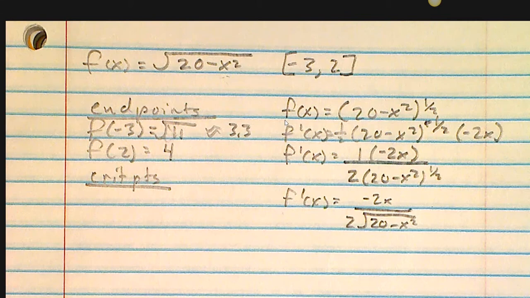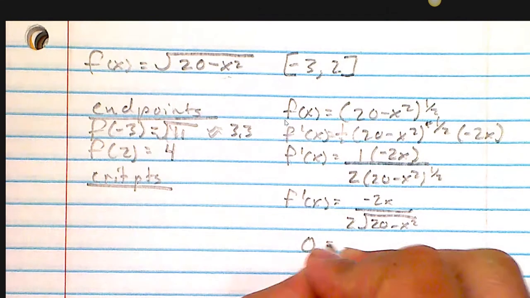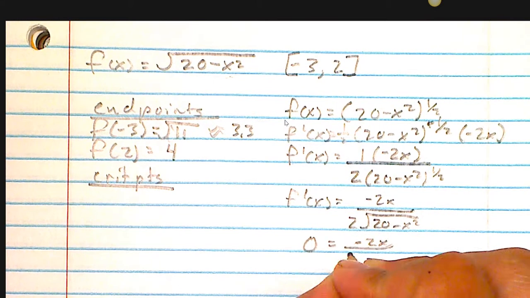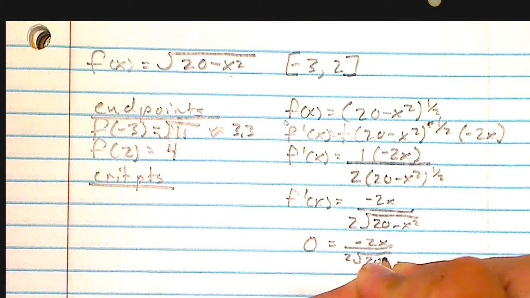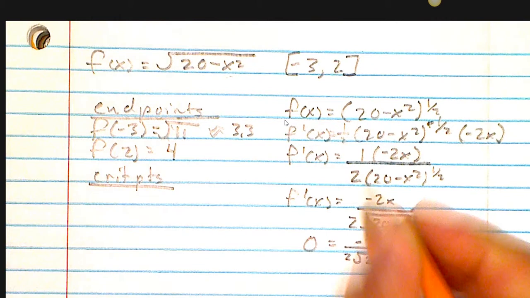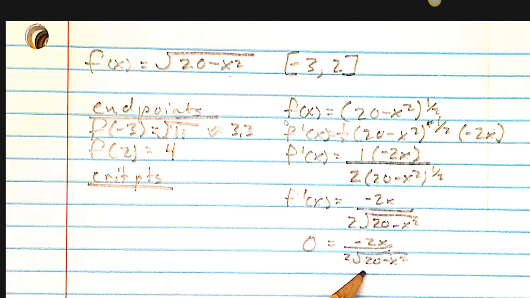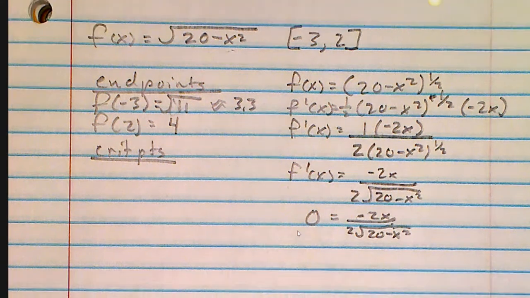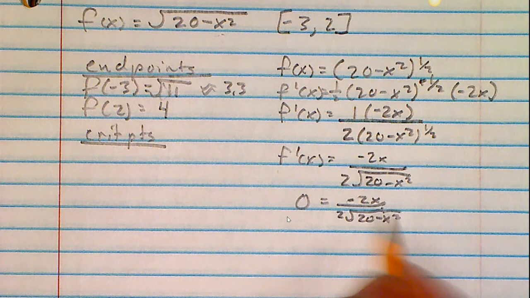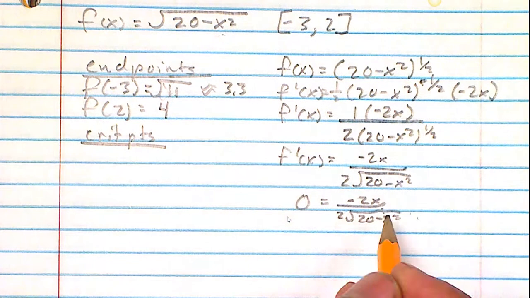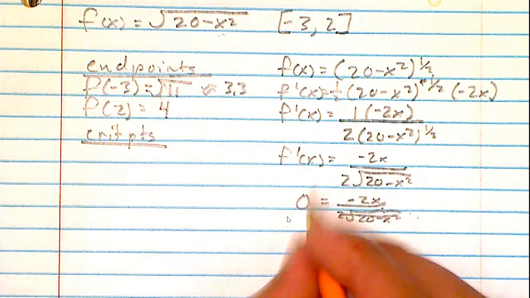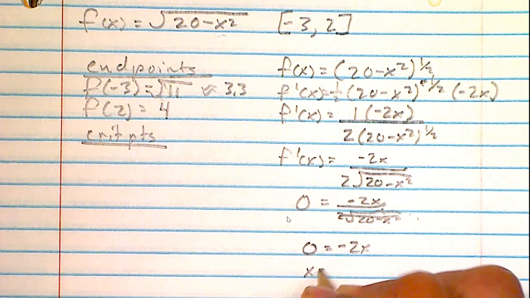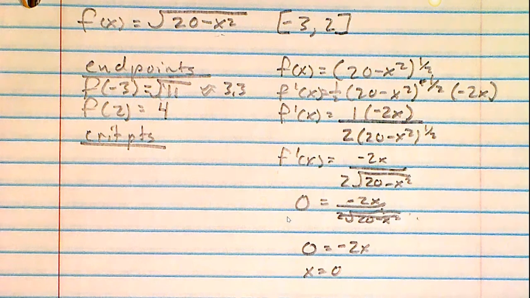Now I got to set this equal to 0 to find the critical points. So 0 equals negative 2x over 2 square root of 20 minus x squared. The denominator doesn't help you in finding out when something is equal to 0. What you need is the numerator, because you're going to multiply both sides of the equation by the denominator anyway. So basically you have 0 equals negative 2x, so x equals 0. That's one of our critical points.